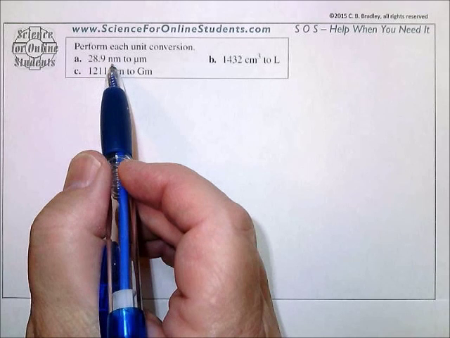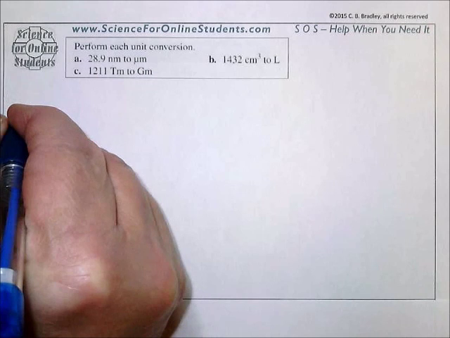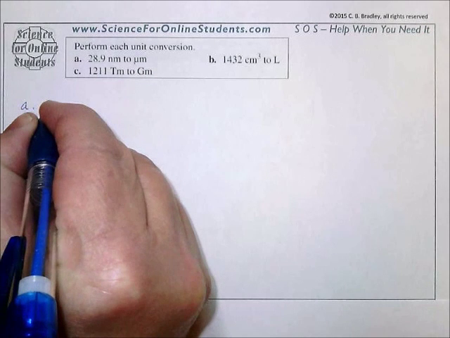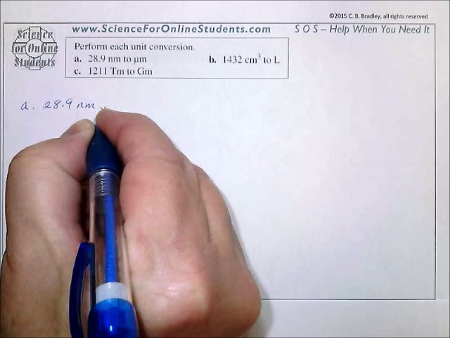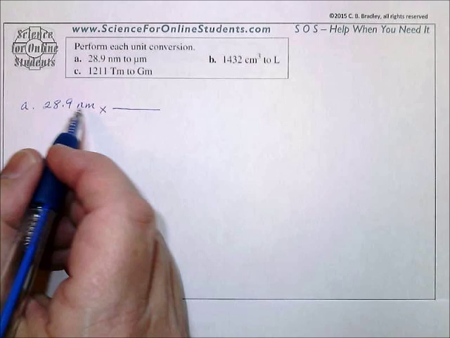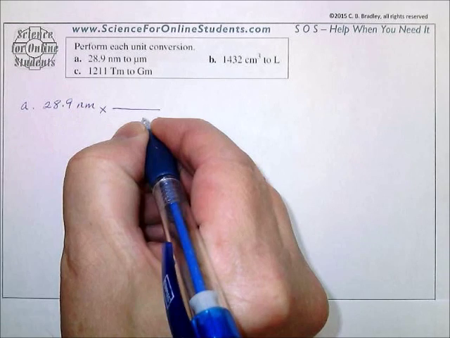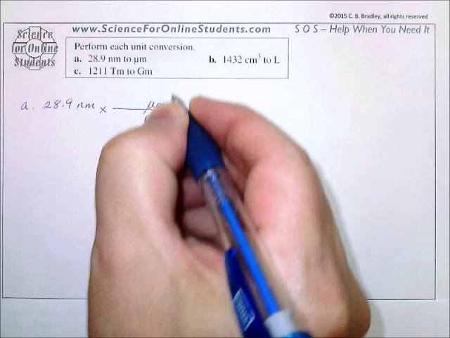28.9 nanometers converted to micrometers. Nanometers is the unit we're getting rid of, so nanometers will go on the bottom, micrometers on top.